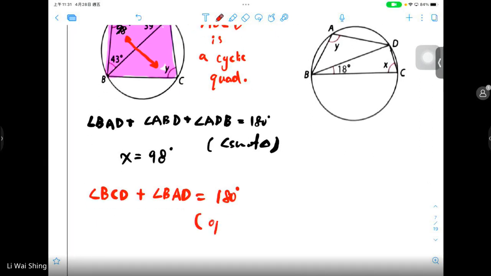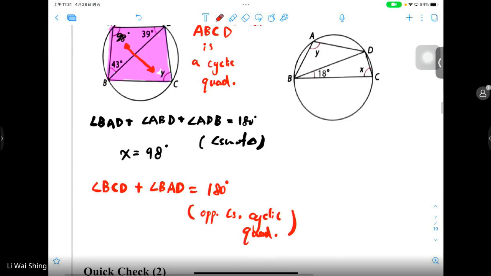By the reason, opposite angles, cyclic quad. So y would equal 82 degrees.